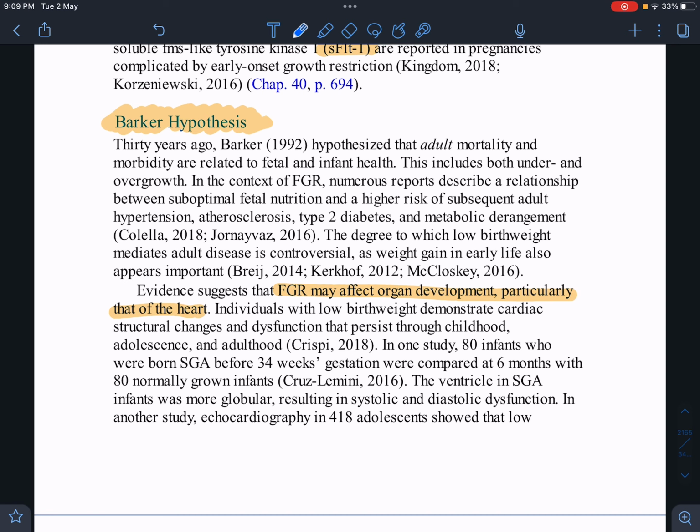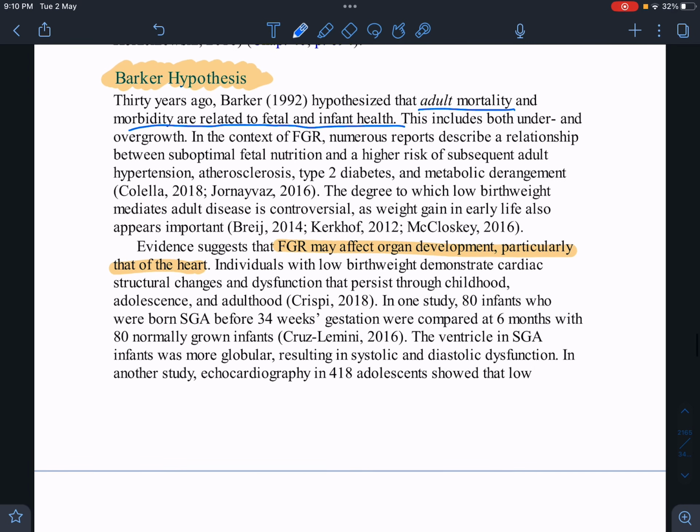So you should know that adult mortality and morbidity are related to fetal and infant health. Your current health is determined by your health when you were an infant. This is what the hypothesis says. So this means that there is a relationship between suboptimal fetal nutrition and higher risk of subsequent adult hypertension.